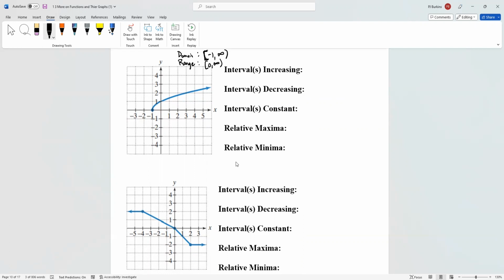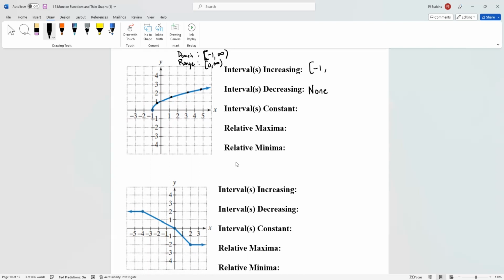All right. Now, if we look at points on this graph, it appears to me that no matter where I look, this function is always increasing. So from one point to the next, from left to right, the y value is getting bigger and bigger and bigger. Therefore, there is no section of decreasing, or none, and increasing is the entire domain.